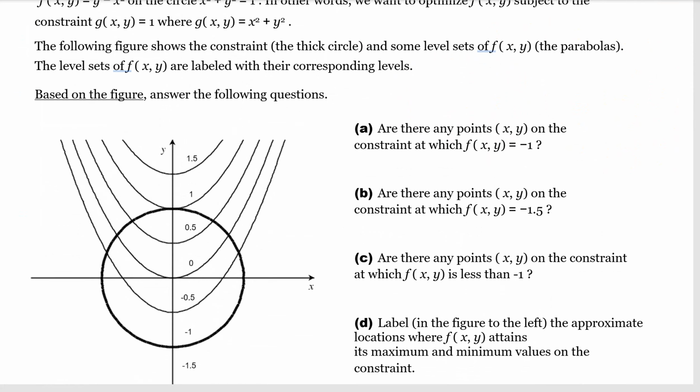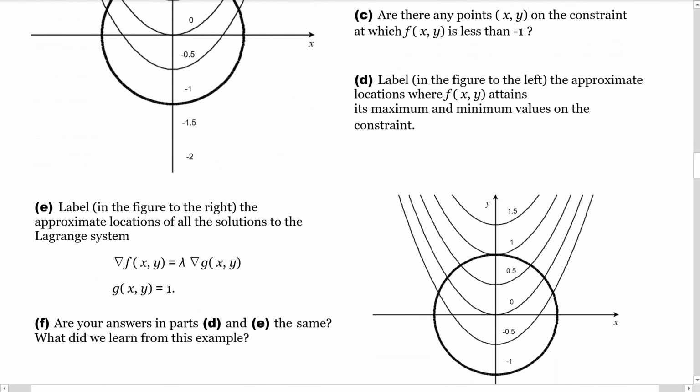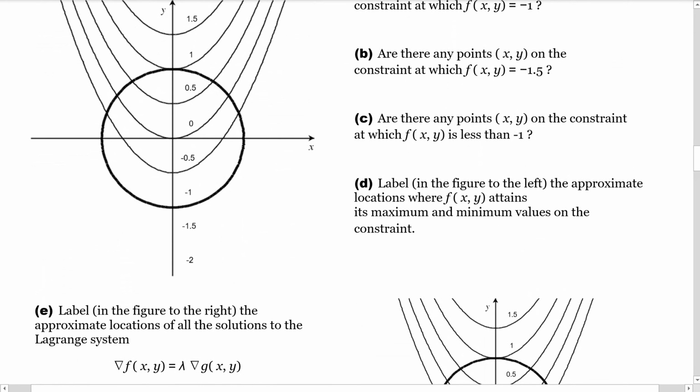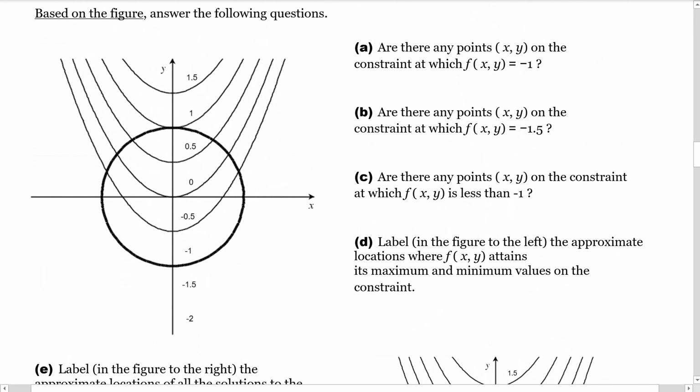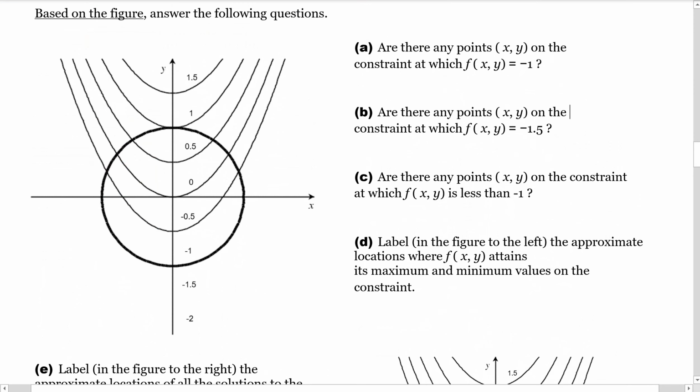All right, let's answer the following questions. Are there any points x, y on the constraint at which f equals minus 1? In my original picture we have more parabolas going down like this.